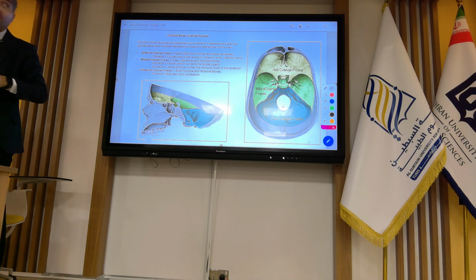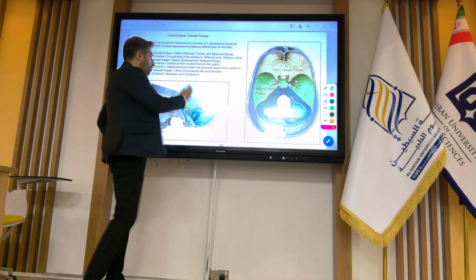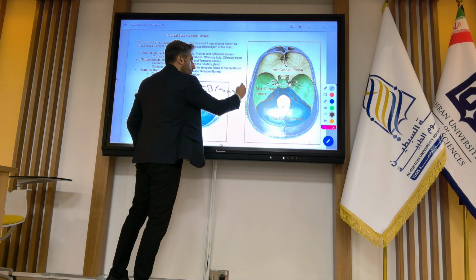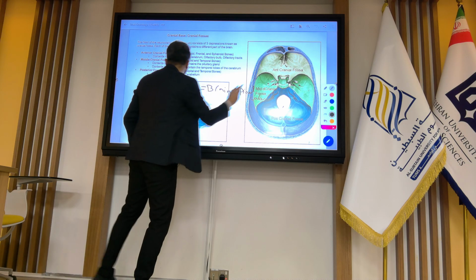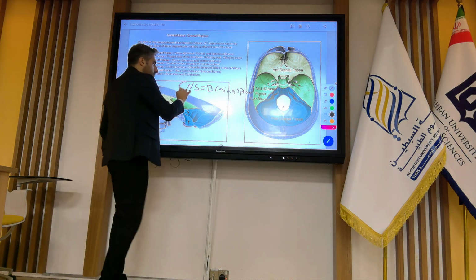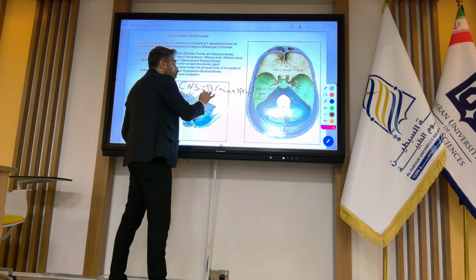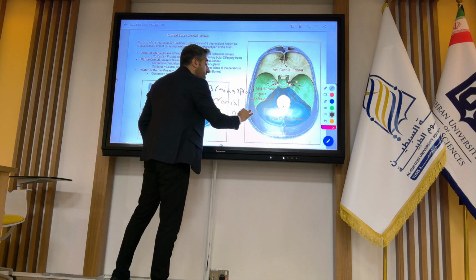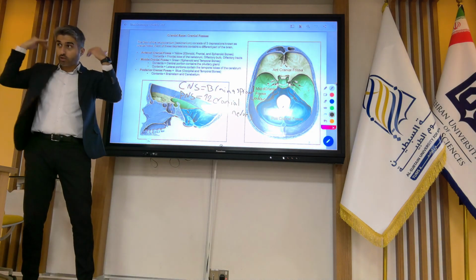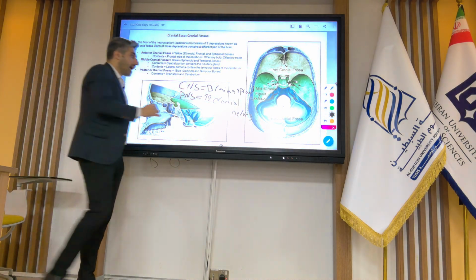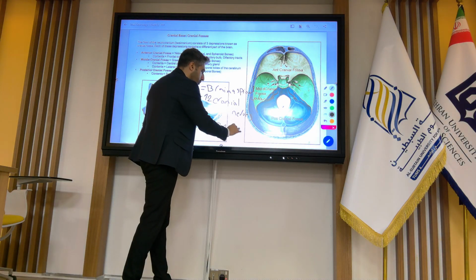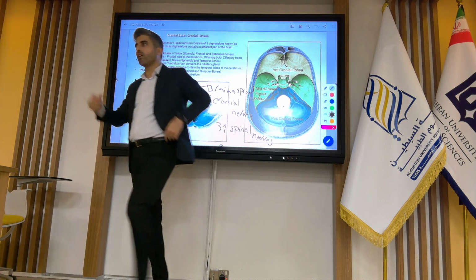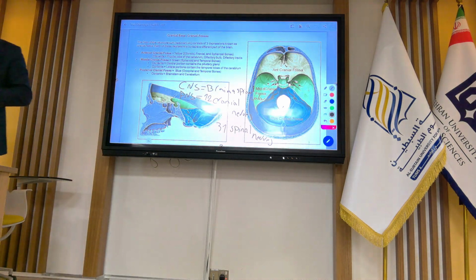It has two parts. One part is the cranial nerves. CNS is the brain and spinal cord, but PNS has two parts: 12 cranial nerves, meaning nerves going out from the brain, 12 pairs, right and left, and 31 spinal nerves.